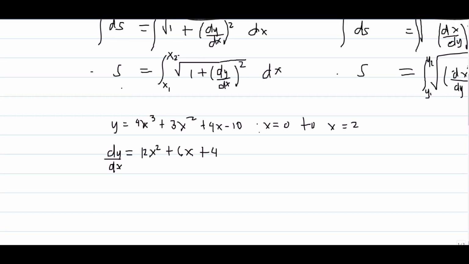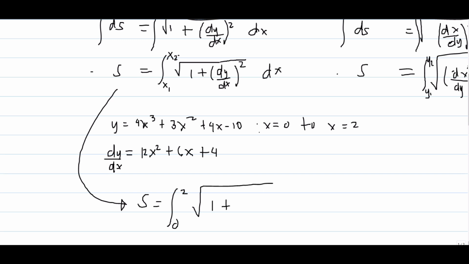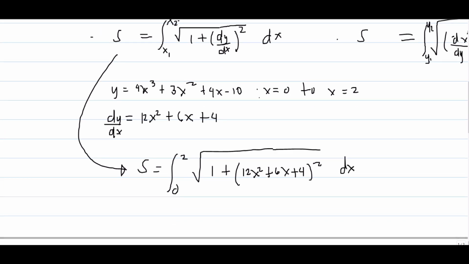Okay, so let us now substitute this equivalent formula. So s is equal to the integral, where the limit is from 0 to 2, of the square root of 1 plus the quantity 12x squared plus 6x plus 4, squared, dx.